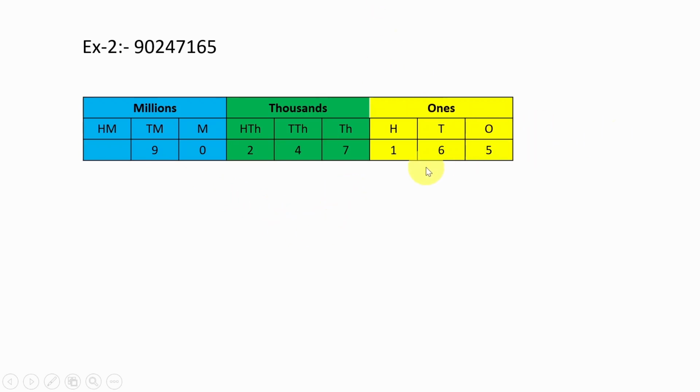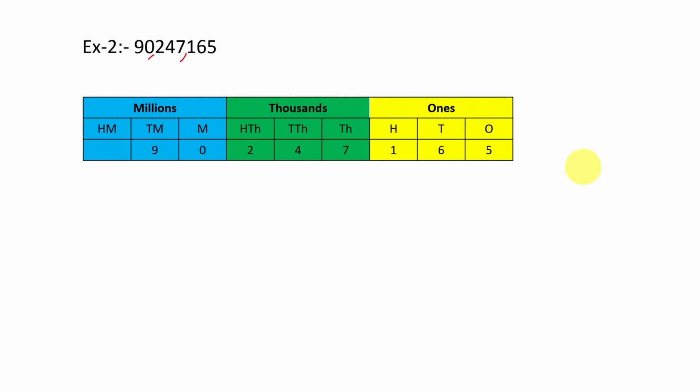So how to insert commas? I told you, after every 3 digits you place comma. Blindly you can do that. Right?